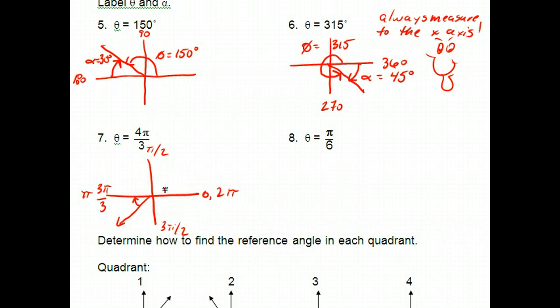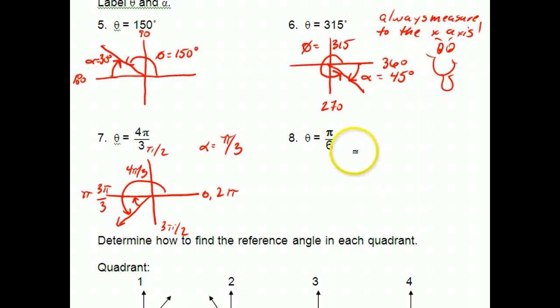If this whole thing was 4 pi over 3, what do you think this angle is going to be there? It's going to be simply pi over 3. Okay, I'm going to measure it from the terminal arm back up to the x-axis, and that distance in there, if it takes me 3 pi over 3 to get to here, one more of them is going to get me to 4 pi over 3, so that's my reference angle.